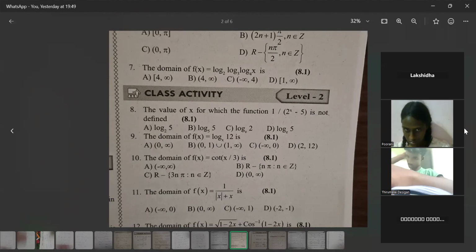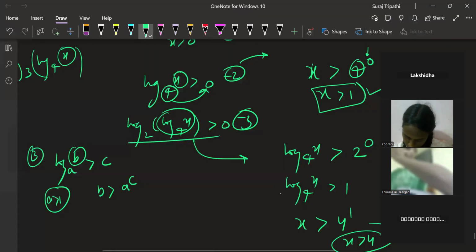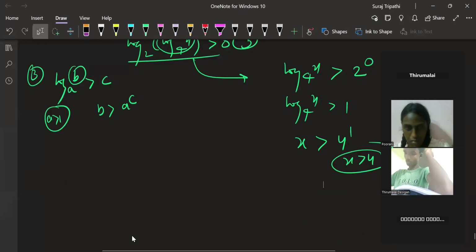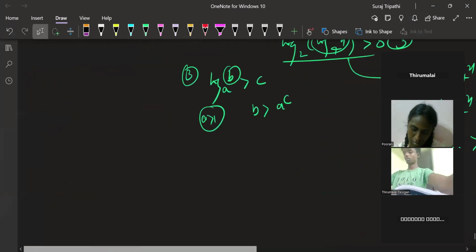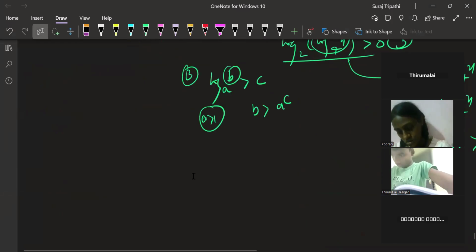Okay. So find the value of x for which the function is not defined. We have to find the value of x for which the function is not defined. That means we don't need to find the domain. We need to find the value of x which is not in the domain.